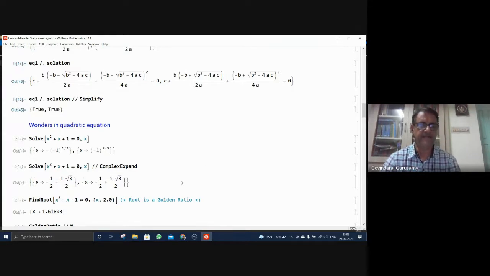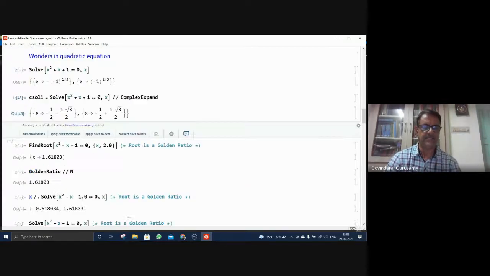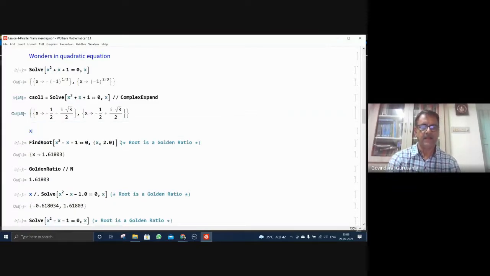I'll give some name for this. So yes, complex solution. So CSOL1, complex solution 1. This is the result that I have. Then what am I supposed to do? X, and then substitute by using this rule, which is there as the two roots as complex SOLN.